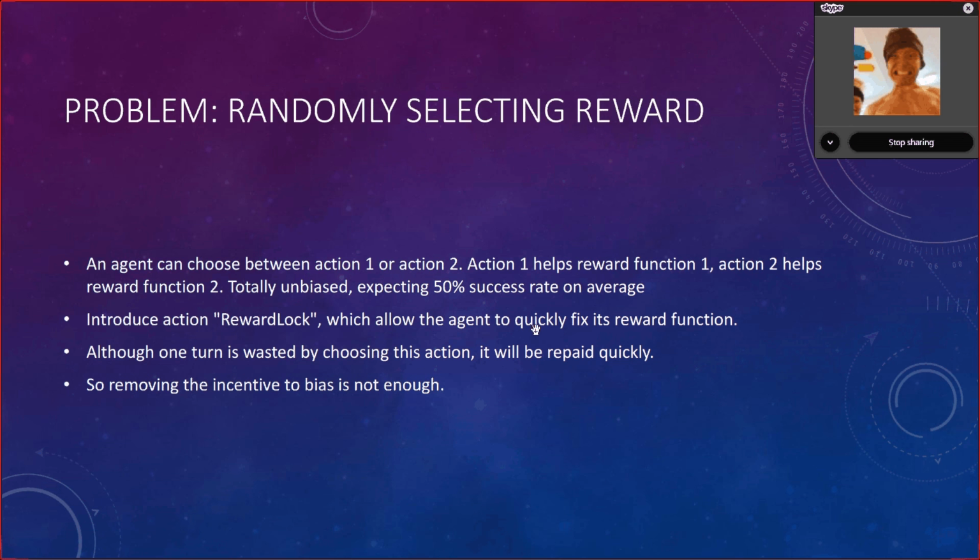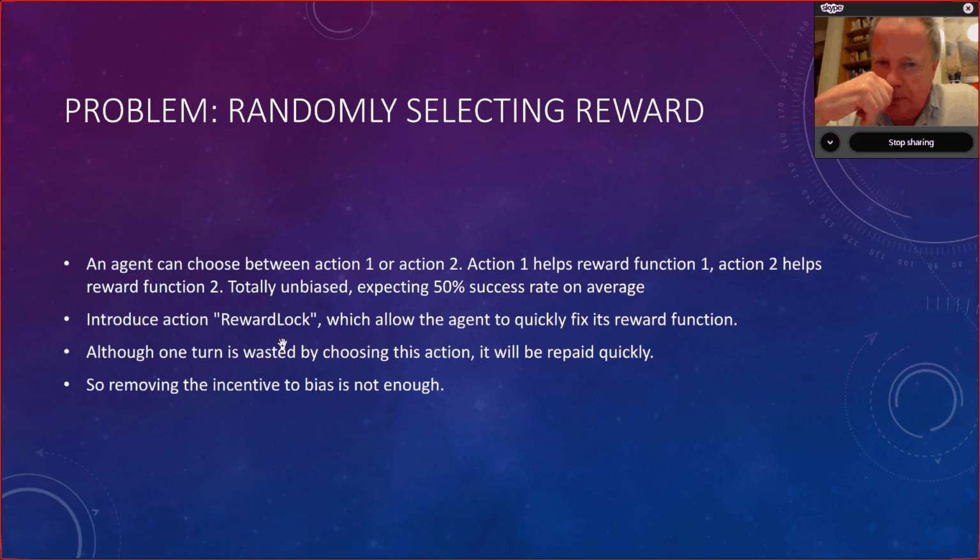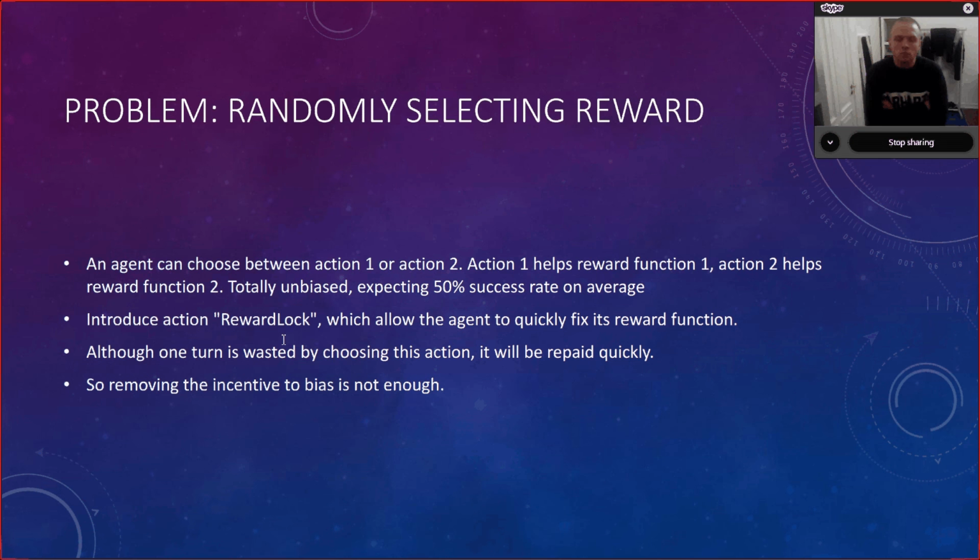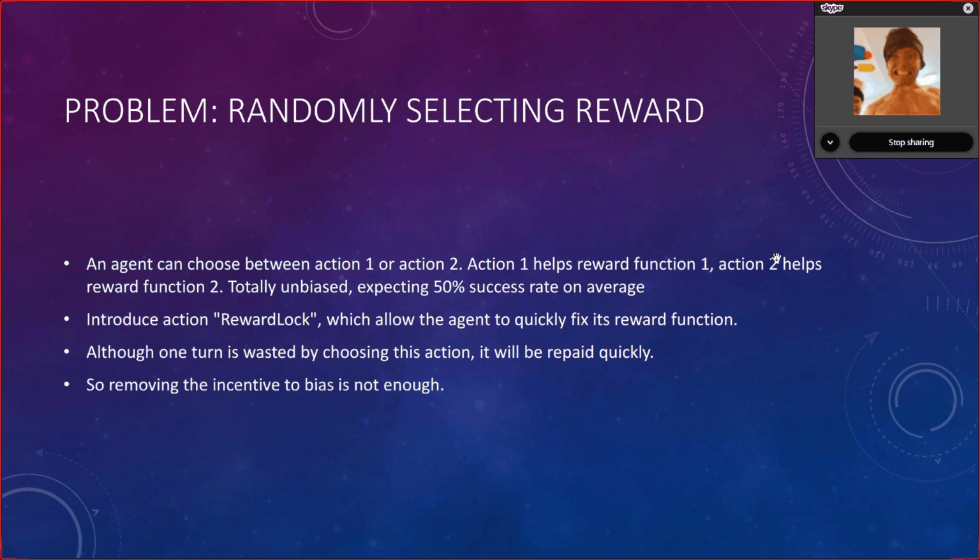If we have this very, very simple setup, then you might imagine that you introduce a new action that I call reward lock. I think they call it something slightly different. By taking this action, instead of helping either reward function 1 or reward function 2, you can fix your reward function to be either reward function 1 or reward function 2.